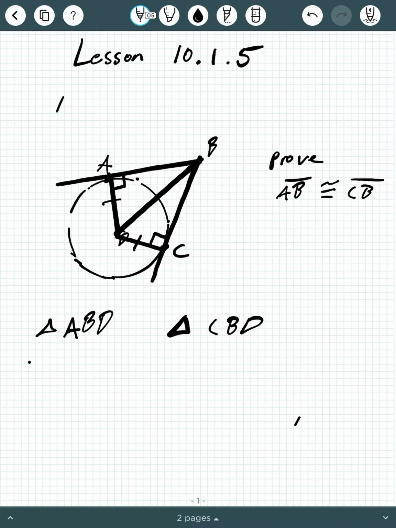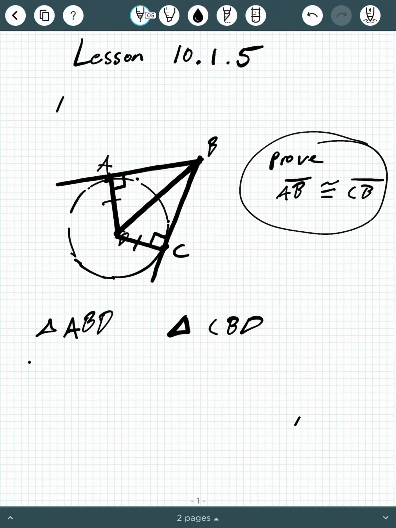AD and CD are marked as congruent, so we've got those two sides. And we also have that right angle, which lets us use hypotenuse leg congruence. Since they're congruent, we know corresponding parts of congruent triangles are congruent. So BC and BA have to be congruent, and that's what we were setting out to prove.